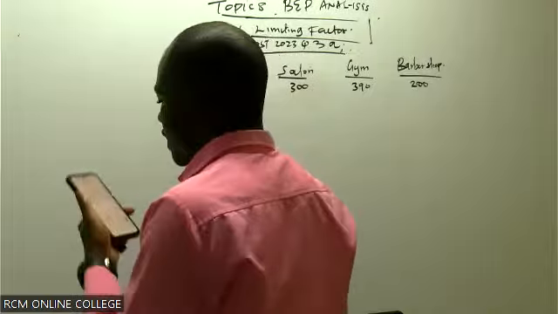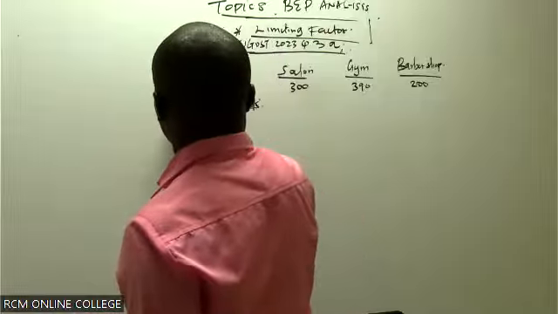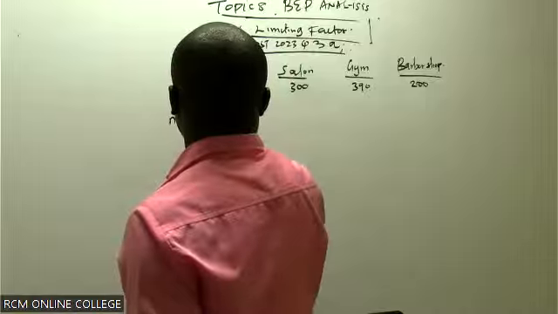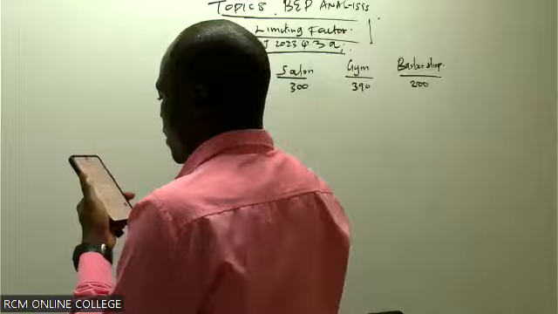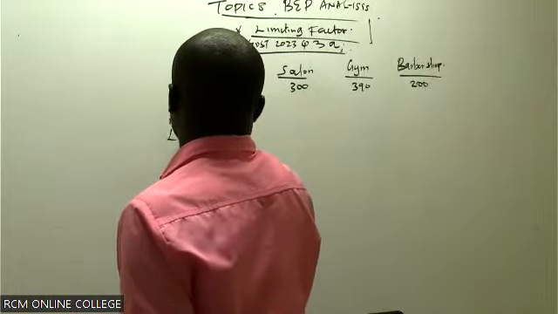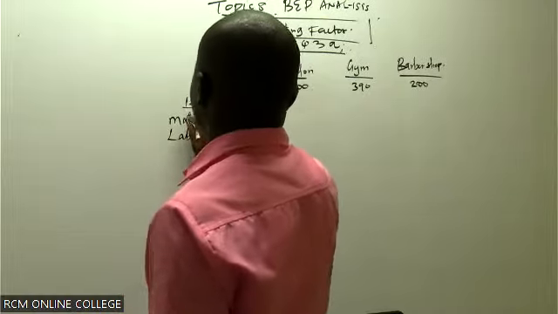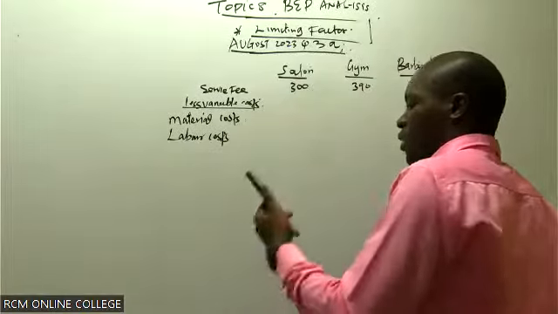The variable cost here, one of them is a material cost. Then we have variable labor cost. I've indicated less variable costs already. We know that they are variable.